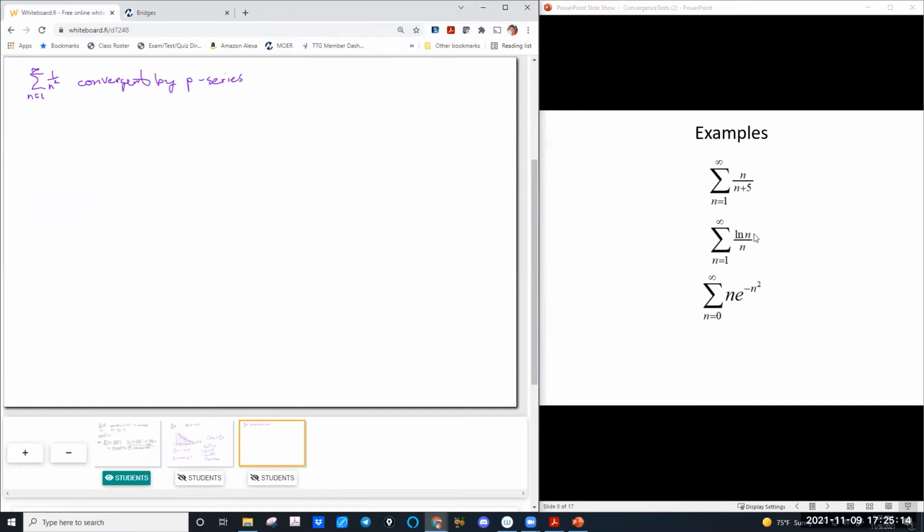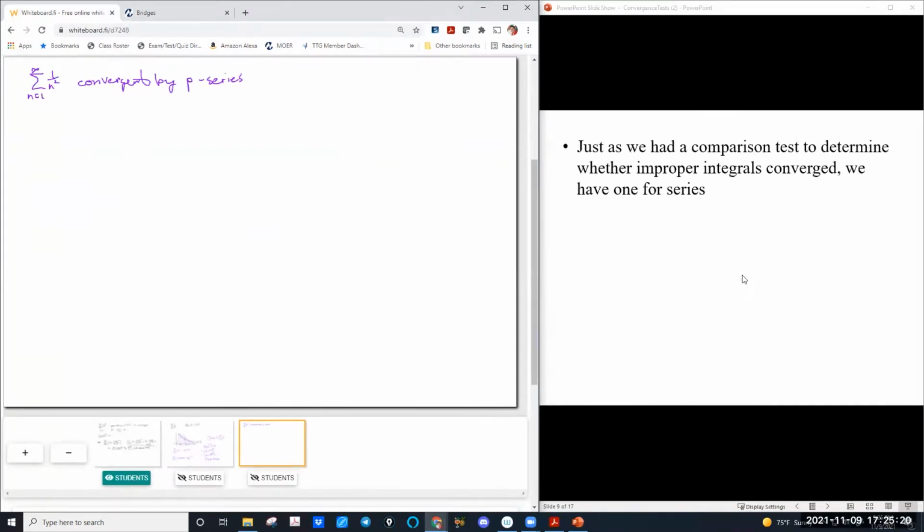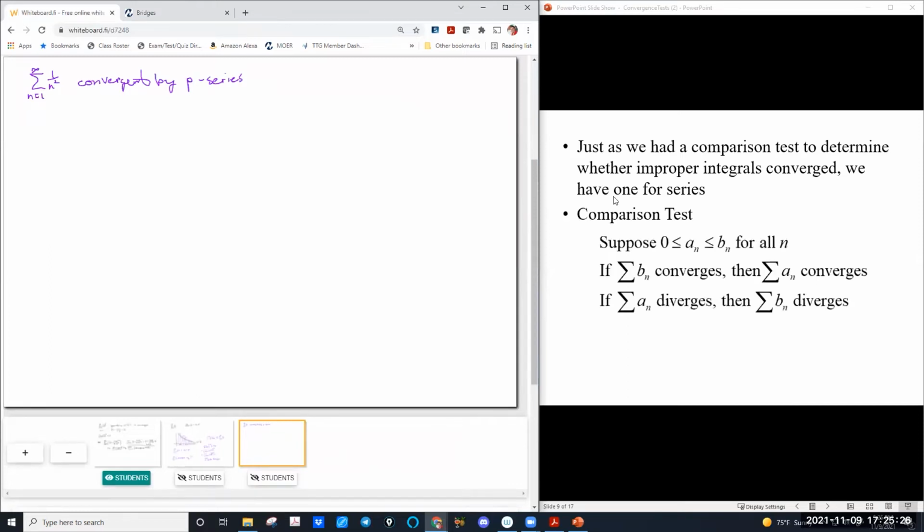We'll come back to these. I want to see how much time we have left; if we have time later, I'll come back to these. There are some interesting ones here. But we have a comparison test that we can use those P series with. This is the exact same test that you had for improper integrals.